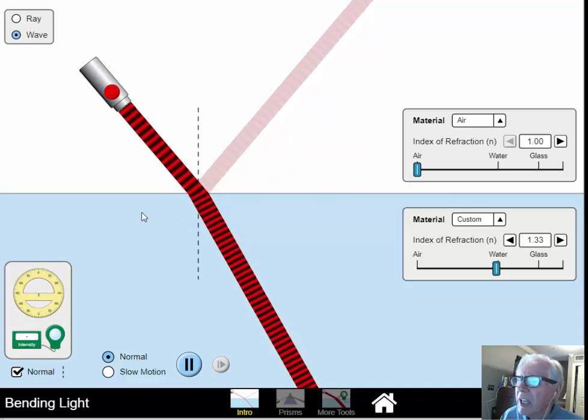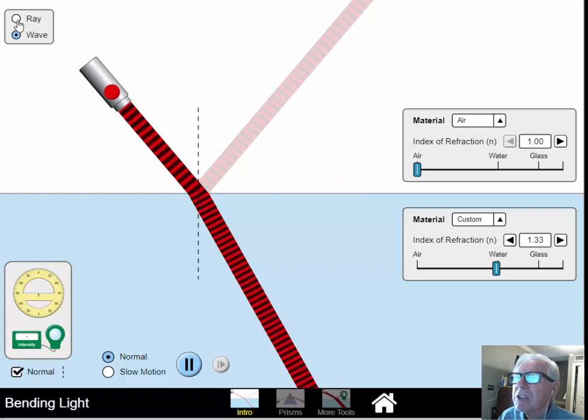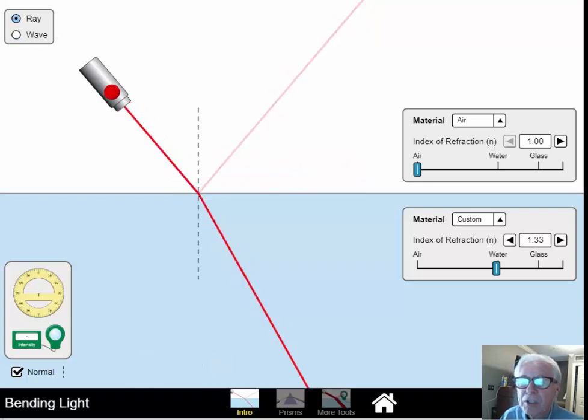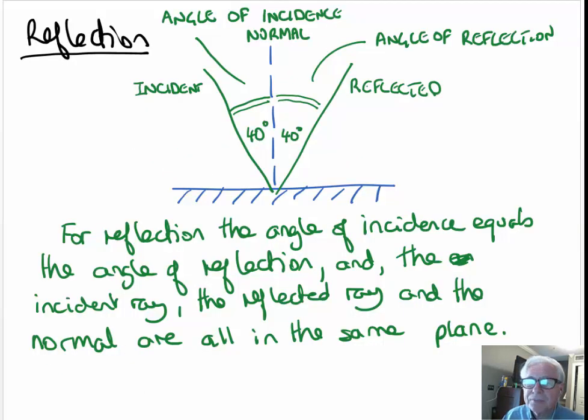What I'd like to begin looking at now is the ray inside the lower medium, which is refracted. So I'm going to go back to ray, and I'm going to say refraction.